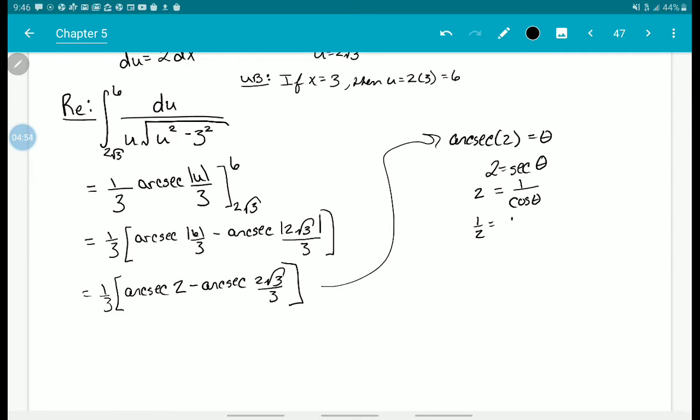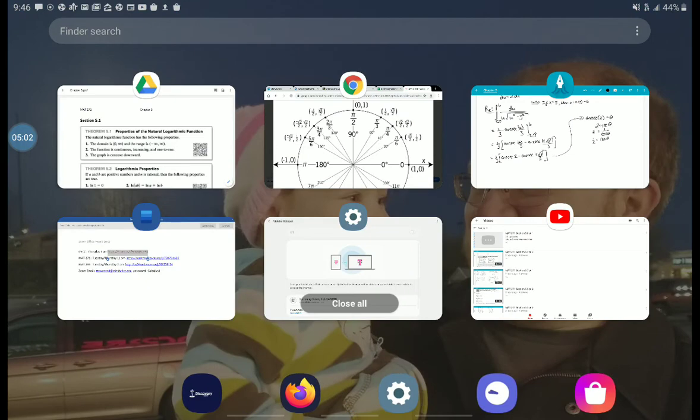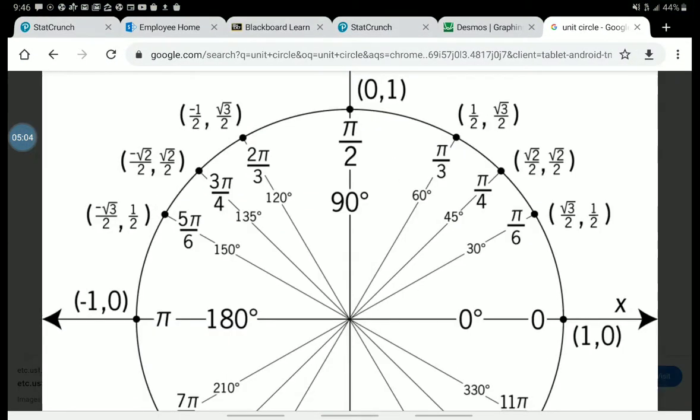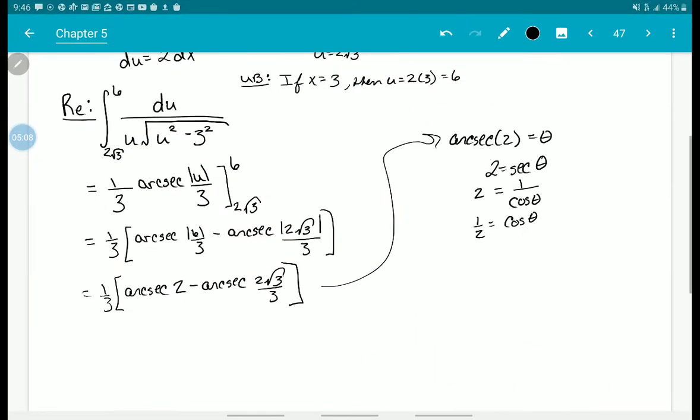So that would be equivalent to saying, where is the cosine equal to 1/2? And the cosine is equal to 1/2, if we look back at our unit circle, at pi over 3. So this guy is pi over 3.